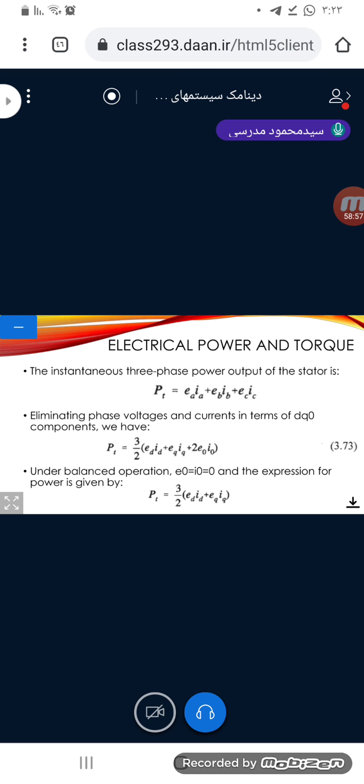Electrical power and torque. The instantaneous three-phase power output of the stator is PT equal to EA IA plus EB IB plus EC IC.